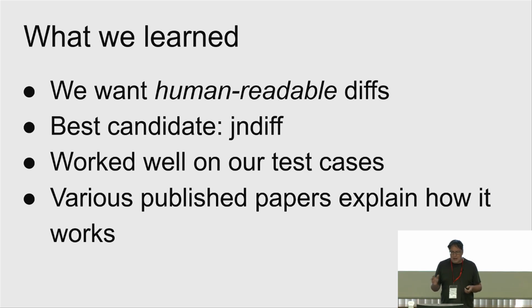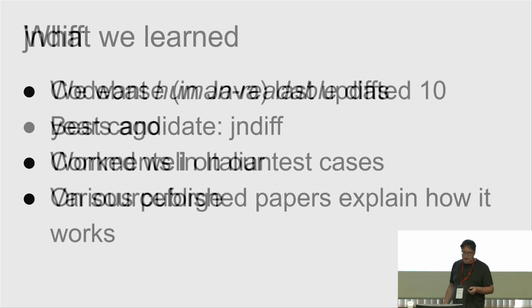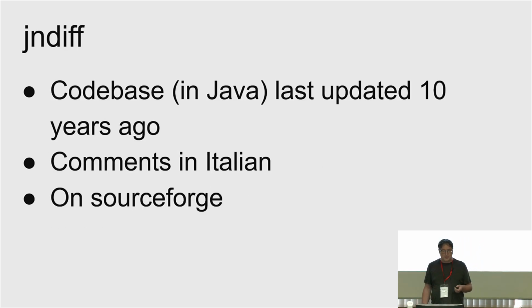The overview paper had a candidate that stood out called JNDiff, and I tried it out and it worked well on our test cases. And there were a bunch of papers explaining how it worked. But there were a few problems.